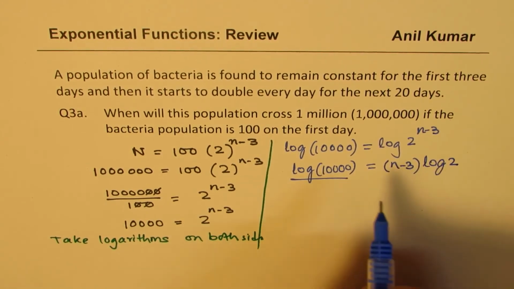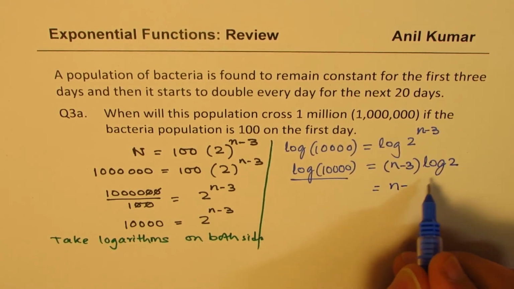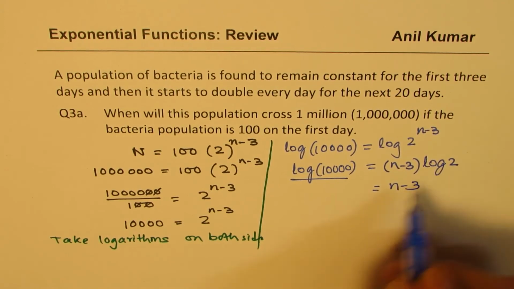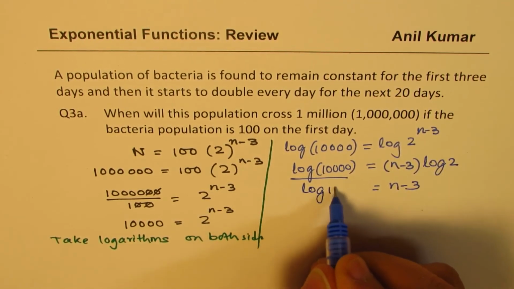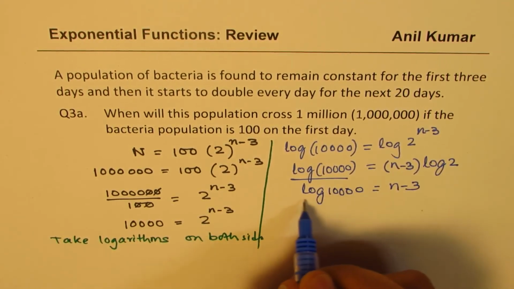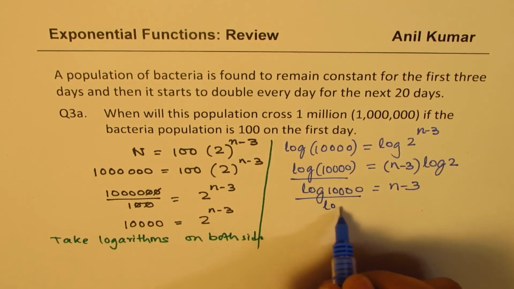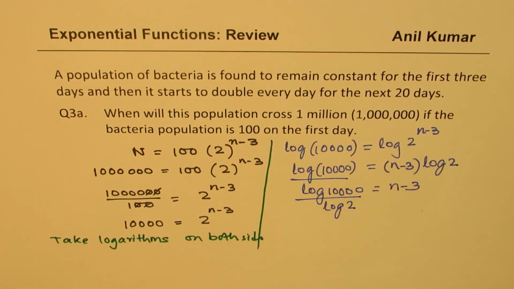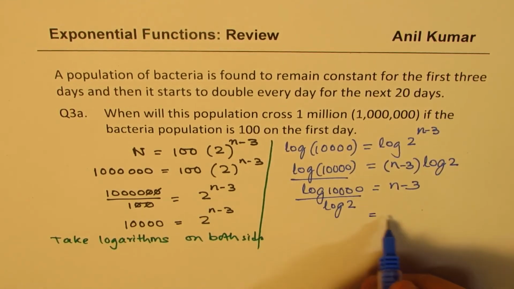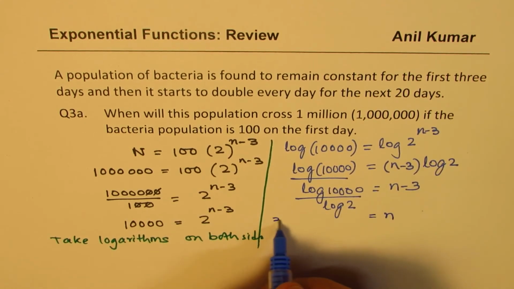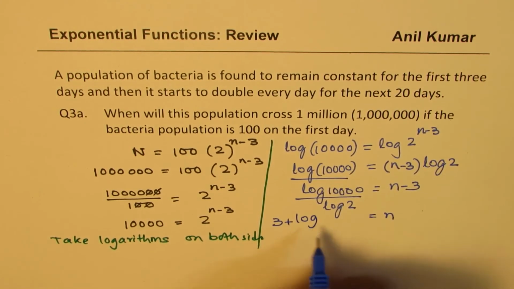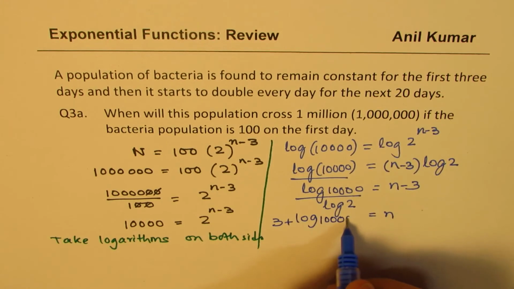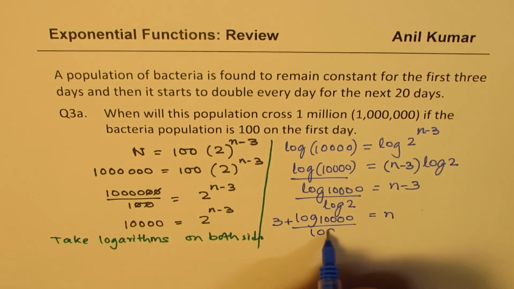Now to isolate n minus 3, we are going to divide both sides by log 2. So we get log of 10,000 divided by log 2, and that is n minus 3 for us. When you calculate this value, you can add 3 to get your answer. So from here we get n equals 3 plus log of 10,000 over log of 2.